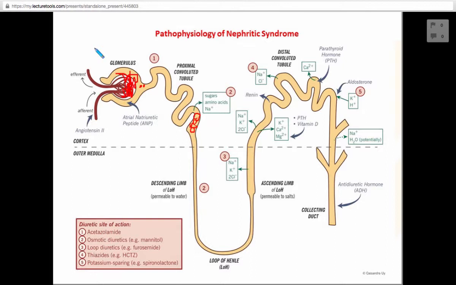So if you have nephrotic range proteinuria and you have reduced albumin, that's going to lower your oncotic pressure and allow the extravasation of fluid, which may lead to edema. But probably even more importantly, as we said, your GFR will fall, and this nephron is going to pick up. Basically, you have a reduced effective circulating volume.